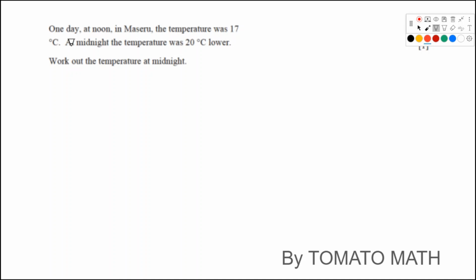Okay, next question. One day at noon in Masaru, the temperature was 17 Celsius. At midnight, the temperature was 20 Celsius lower. Work out the temperature at midnight. So we want the temperature at midnight. Initially the temperature was 17 during the day, and at midnight the temperature was 20 Celsius lower.